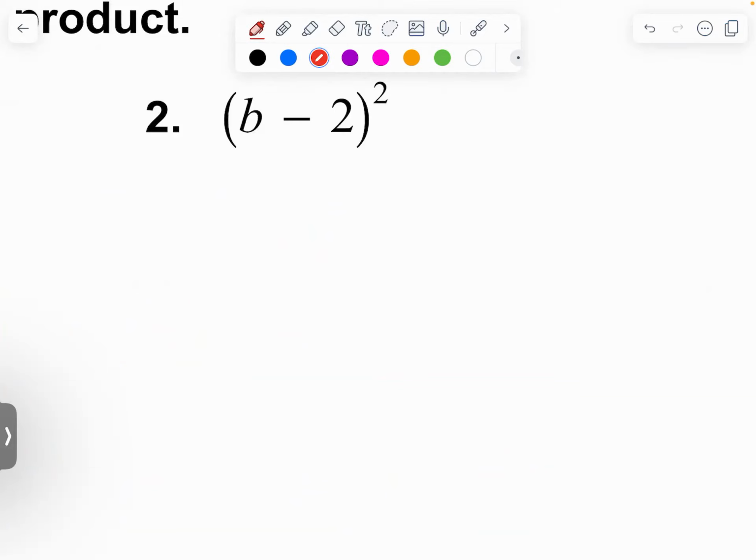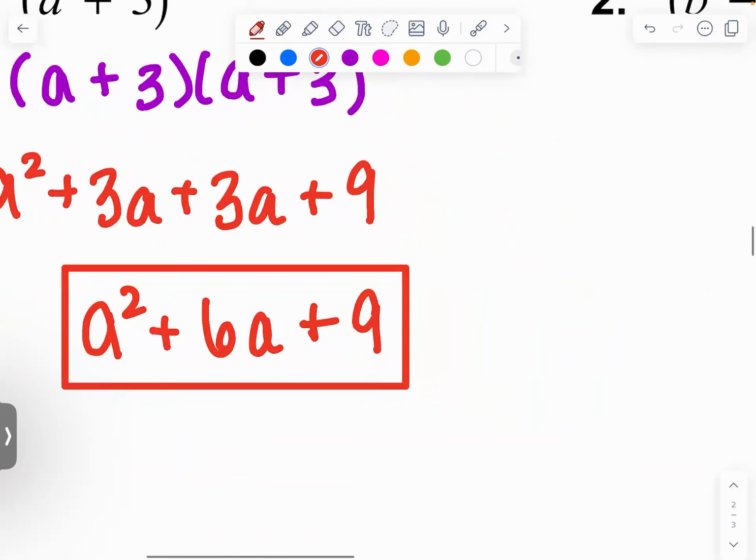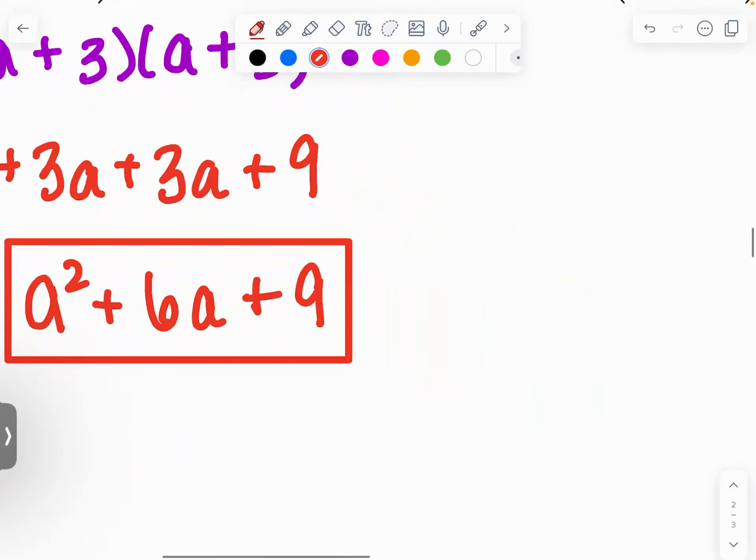Yeah, I need it in that order, and that's going to be really annoying to grade for me. The squared term, then the variable to the first power, then the constant. So like this: a squared, then the 6a, then the 9.